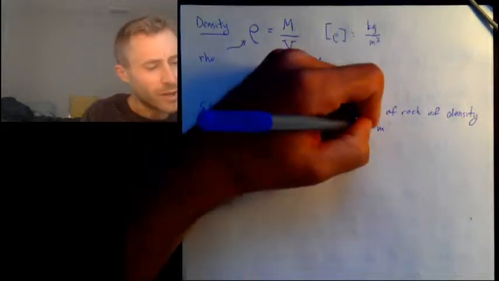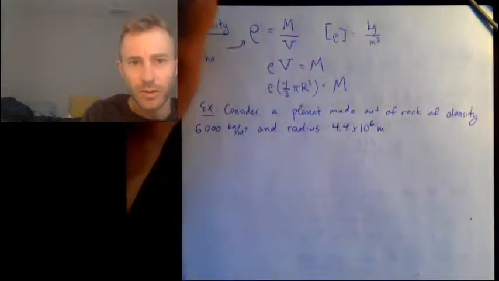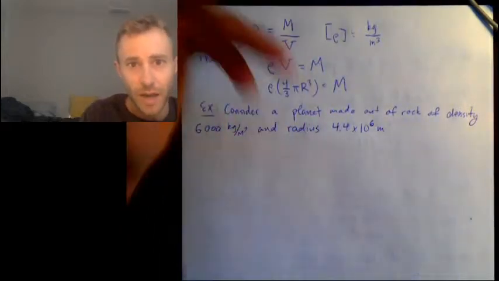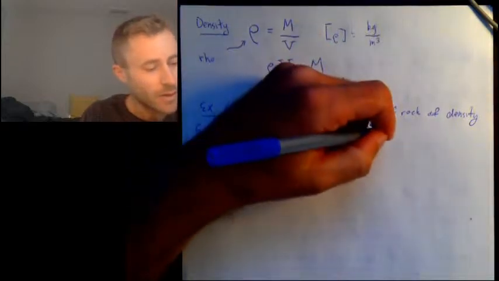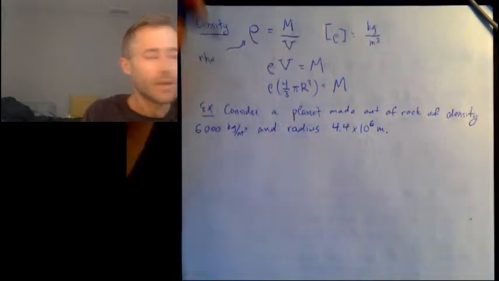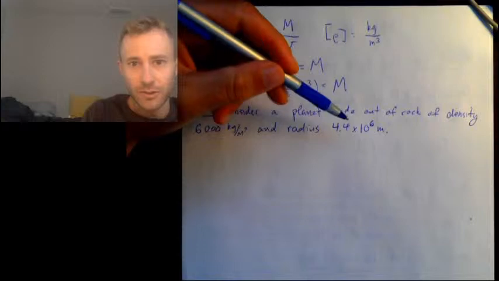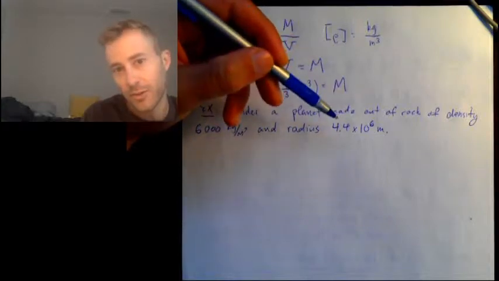We have to use scientific notation when we're doing gravity problems because the numbers are astronomical, okay? By the way, the Earth has a radius of 6 times 10 to the 6th meters.